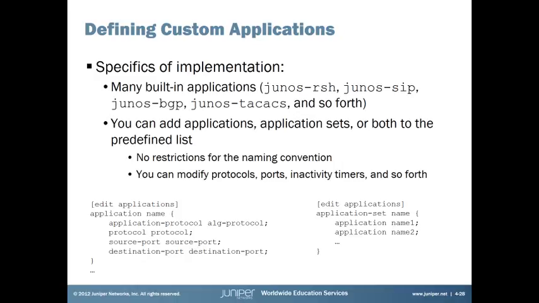So in my internet zone address book, I might have the name of my internet telephony service provider and their address. And in my internal zone where my VoIP server was located, maybe I call it my VoIP zone, I would have a name which might say VoIP server and its address. So I would then reference those two addresses in my source and in my destination.